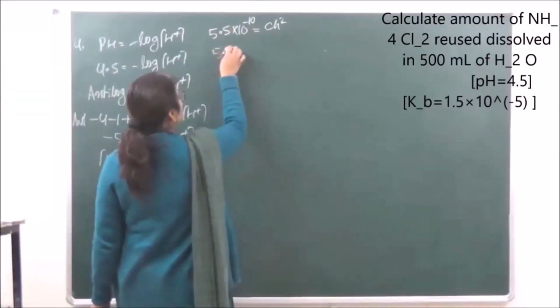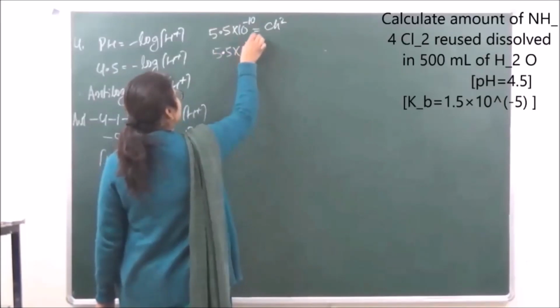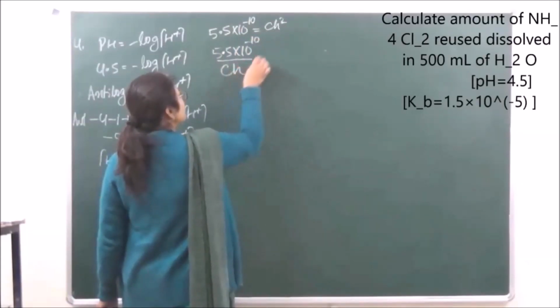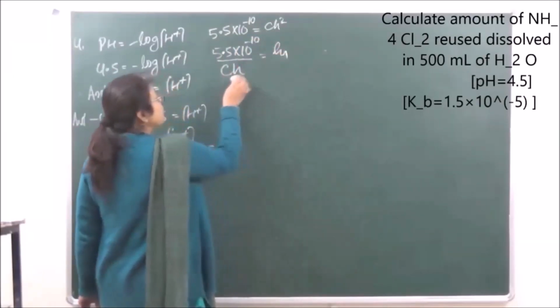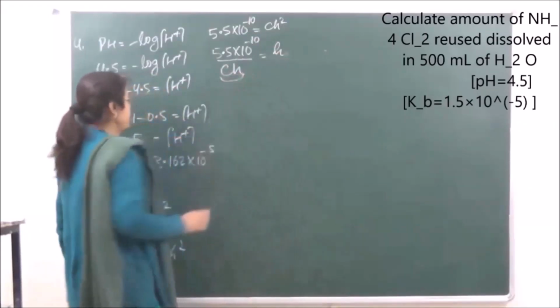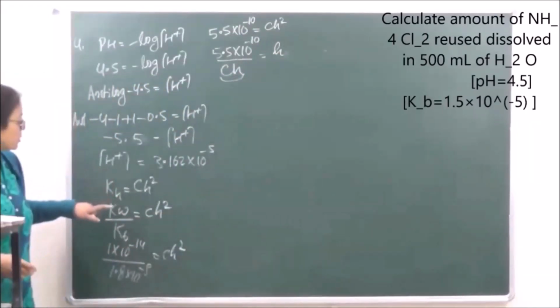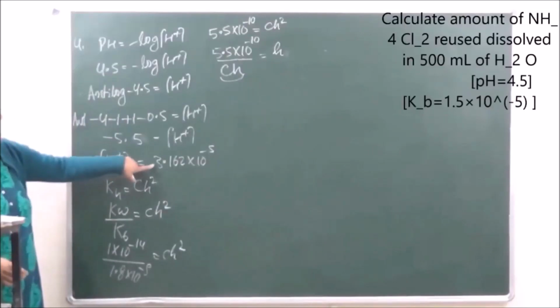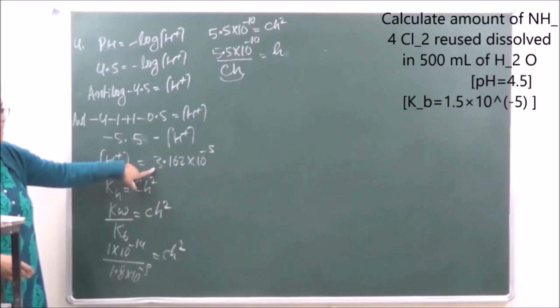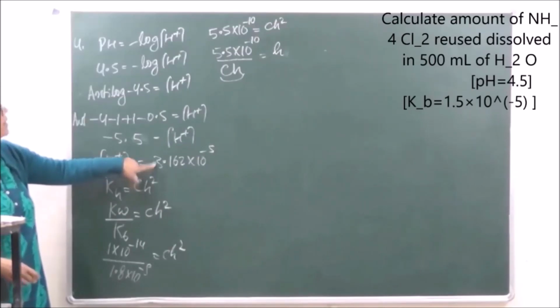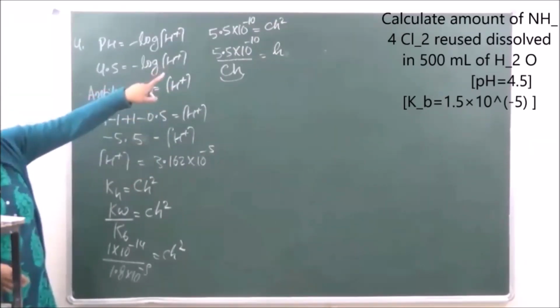That will be equal to 5.5 into 10 raised to power -10 upon Ch, that is equal to h, because this Ch is the concentration of H positive. Cx was the concentration of H positive, so similarly Ch is the concentration of H positive over here. So here Ch came and h we left on top.